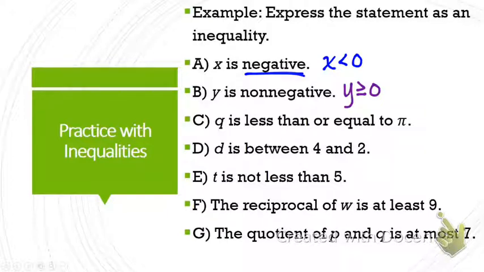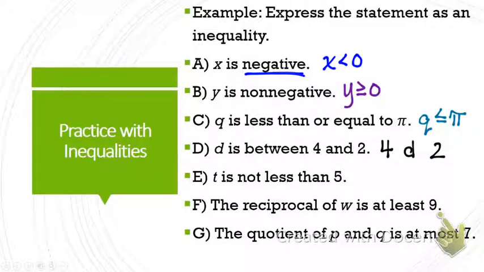Q is less than or equal to pi. Q, pi. Which one is the alligator eating? Pie. Eating pi. Less than or equal to. There we go. D is between 4 and 2. So should I write D and then put my inequalities?